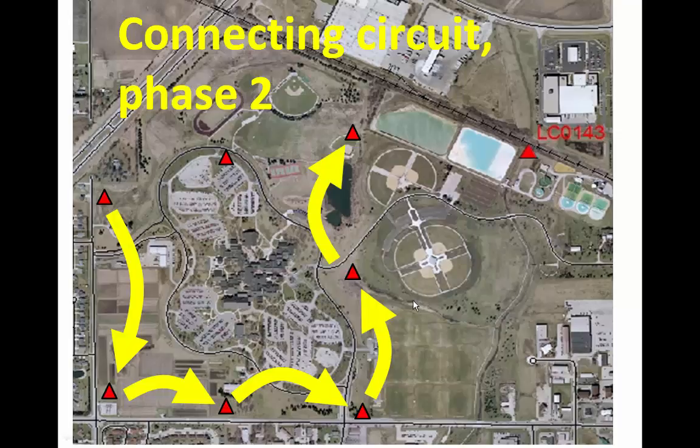By running this circuit in 2 phases, the first phase gave us a total loop length of about 1.5 miles. And then the connecting circuit is also about 1.5 miles long. By giving ourselves a closure check at the end of each phase, we were effectively taking less risk and increasing our confidence at intermediate points in the survey.